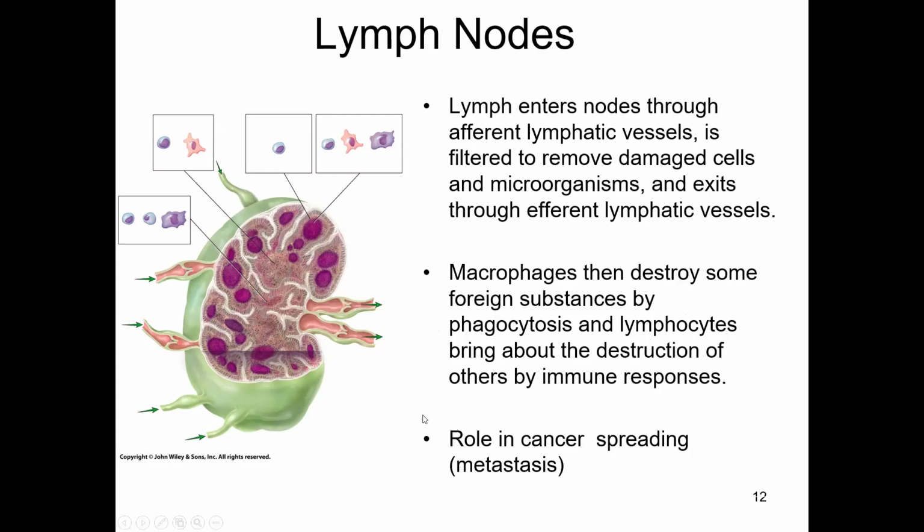A clinical connection here about lymph nodes. In many cancer diagnostics and staging, lymph nodes are removed from the cancer patient, and chemical microscopic analysis is looking for cancer cells in lymph nodes.